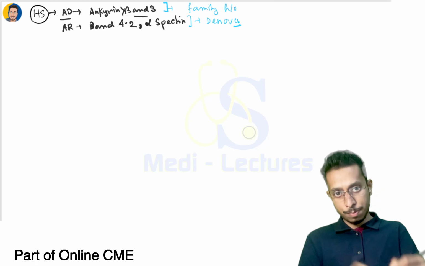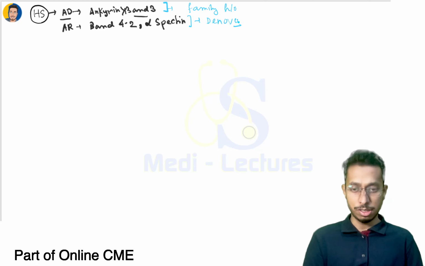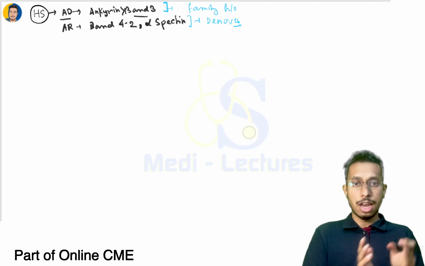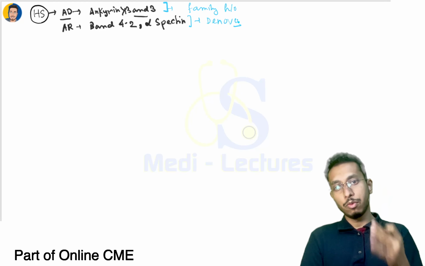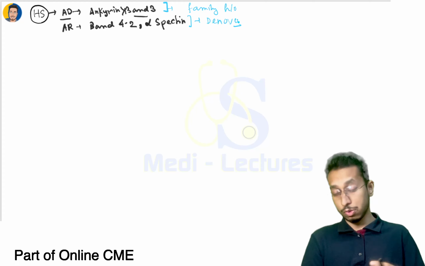Now what is the usual presentation of hereditary spherocytosis? The usual presentation is mild to moderate anemia, in the range 9 to 12, along with repeated extravascular hemolysis. Why does it occur?